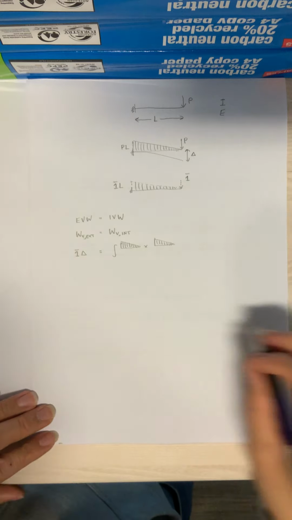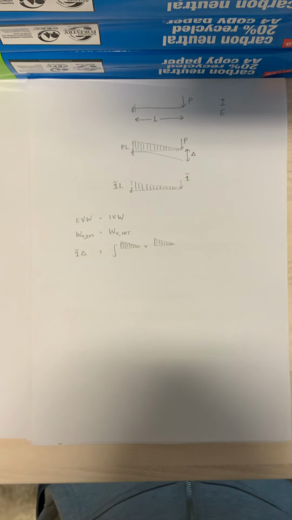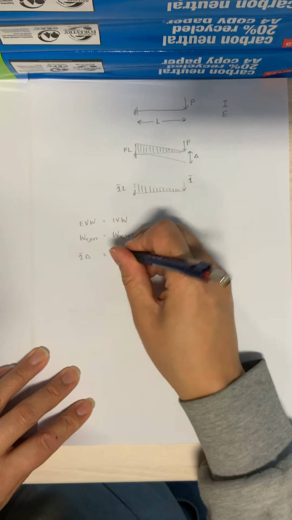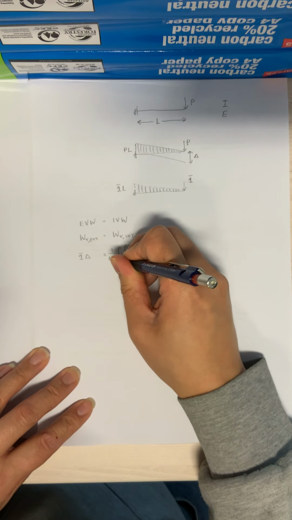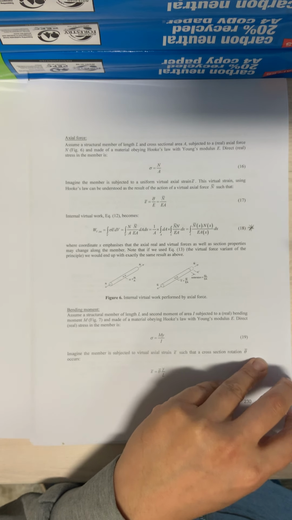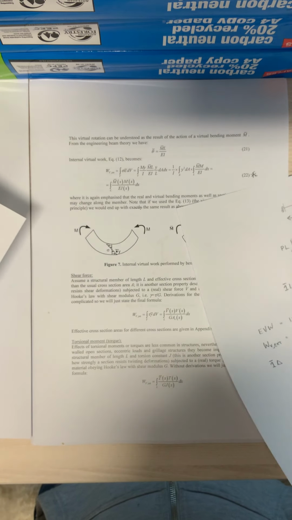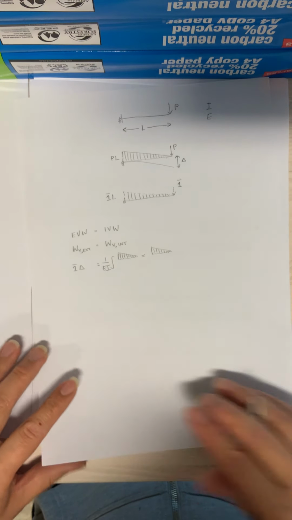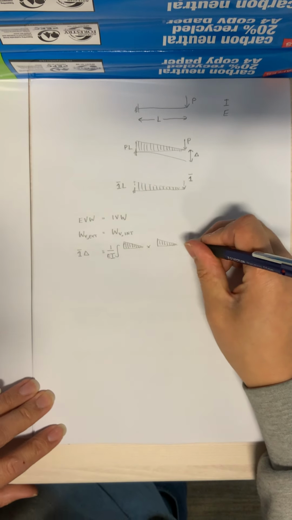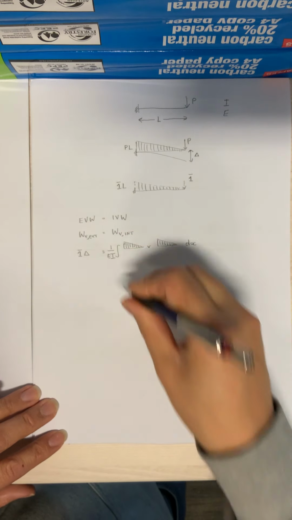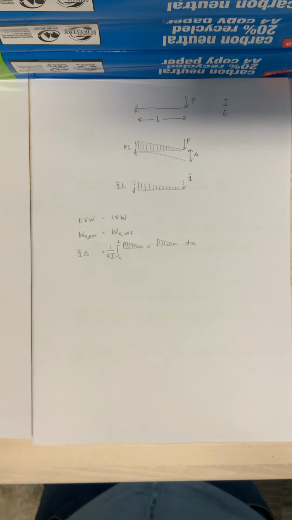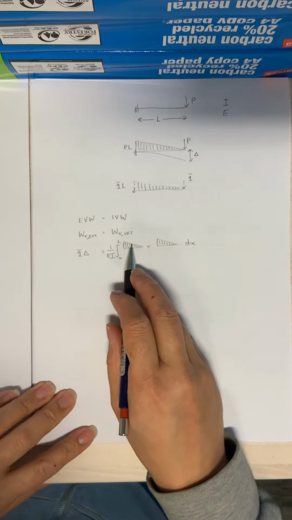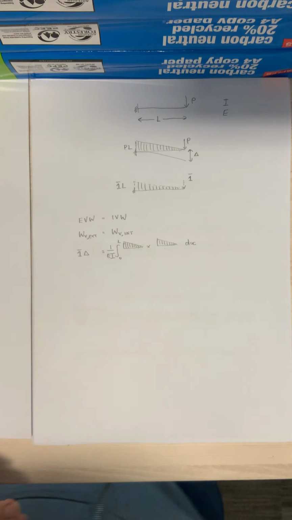Then I'll keep the 1 over EI outside, since the EI is constant, and it needs to be dx, of course. The integral would go from 0 to L.